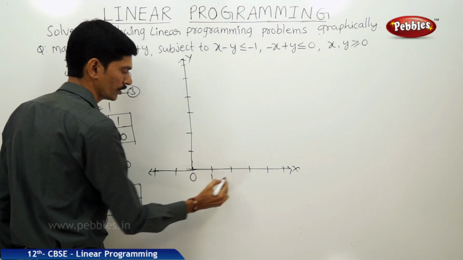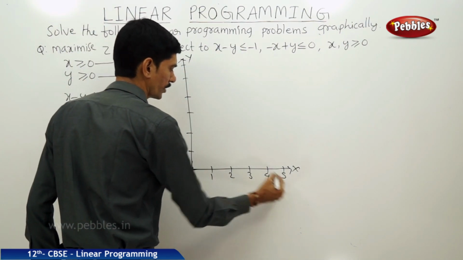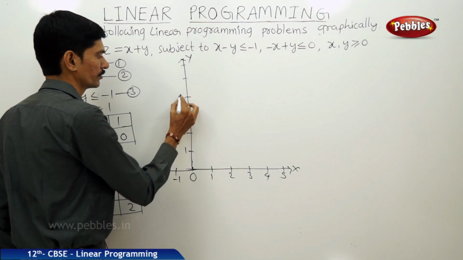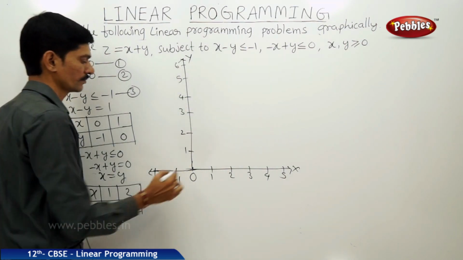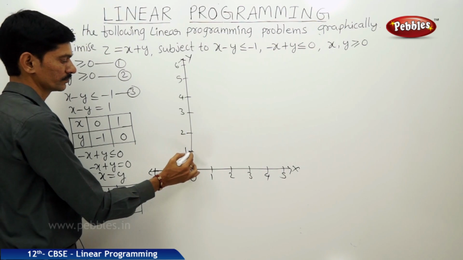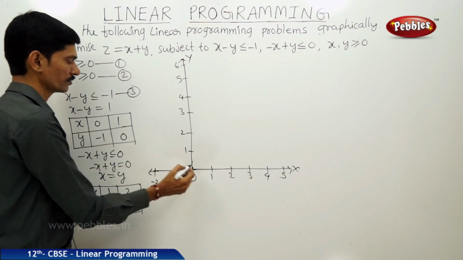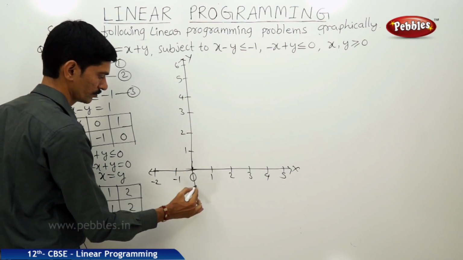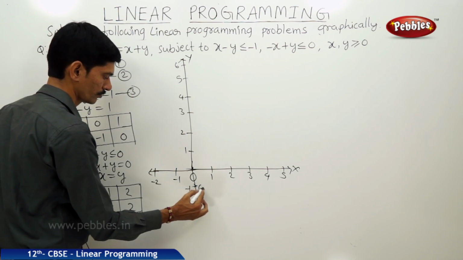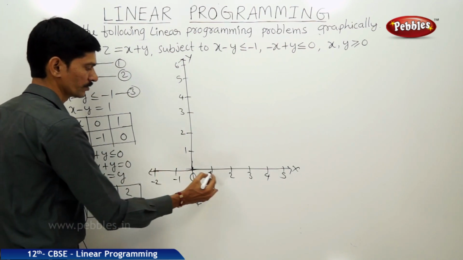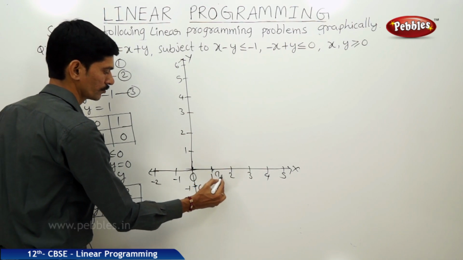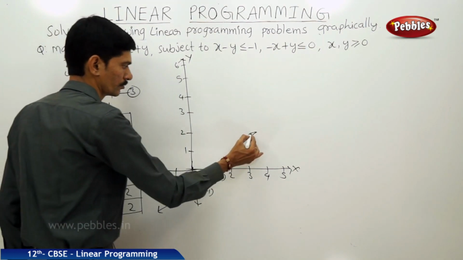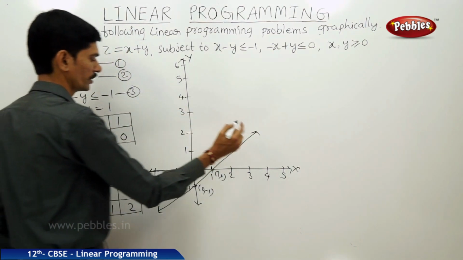So on the x-axis we take 1 2 3 4 5, and here minus 1, minus 2, and on the y-axis 1 2 3 4 5 6. Now the first one is 0 comma minus 1, and 1 comma 0, so this is x minus y equal to 1.